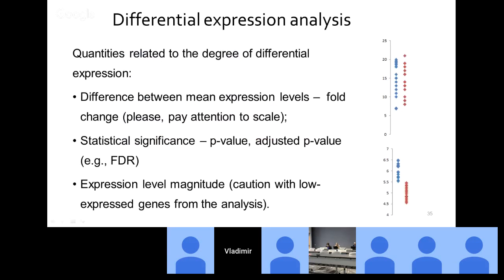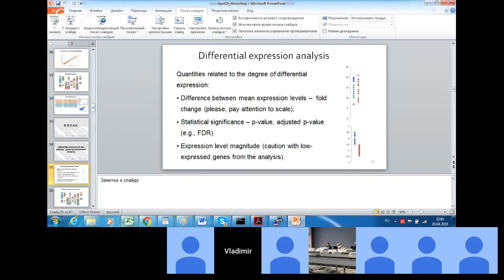So let us try to see how differential expression analysis, at least at the level of unadjusted p-value, of standard p-value, can be performed manually, as it is really simple.